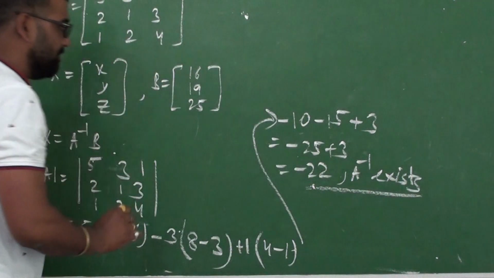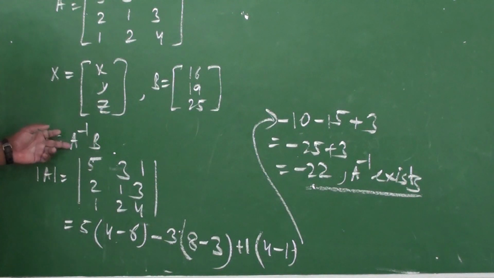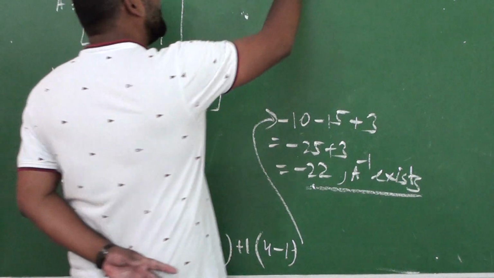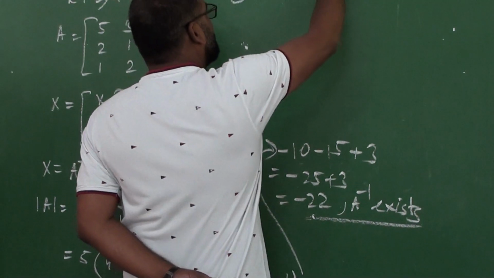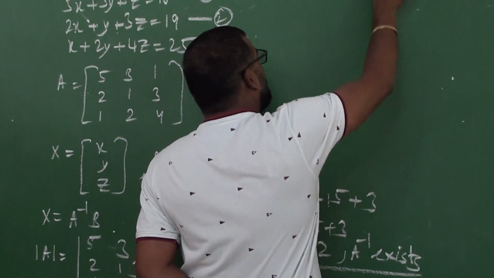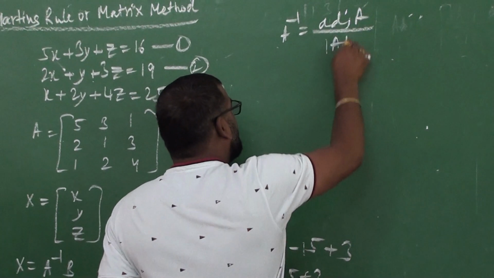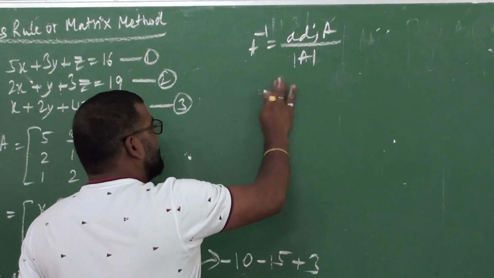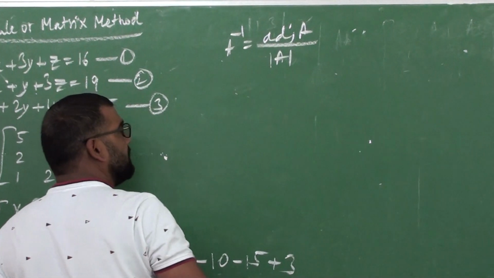Since A inverse exists, now I have to find A inverse. To find A inverse, everyone knows A inverse is equal to the adjoint of A divided by the determinant. The determinant of A you have already found.